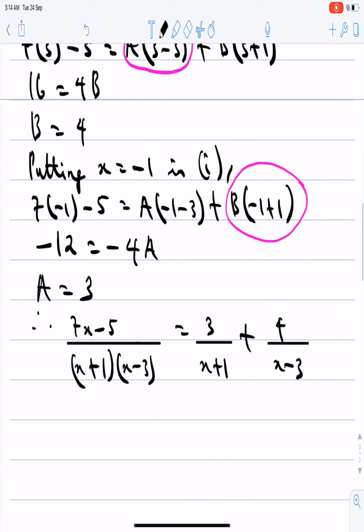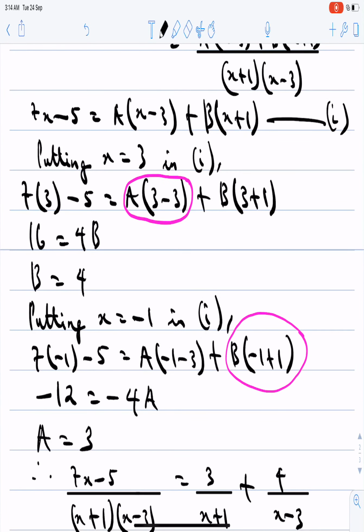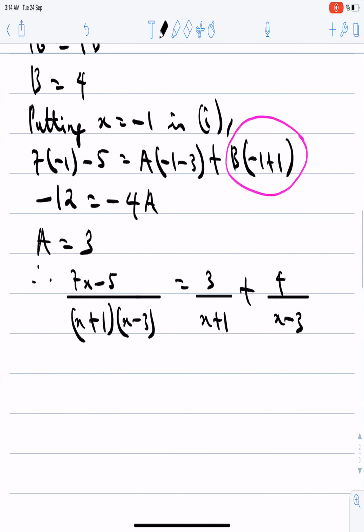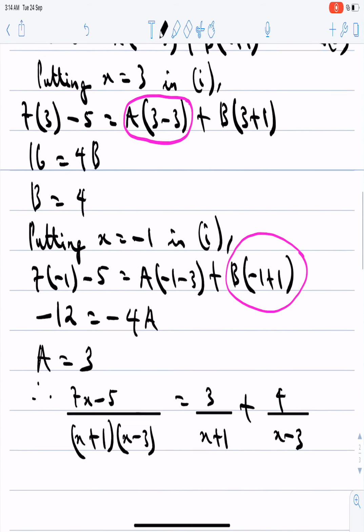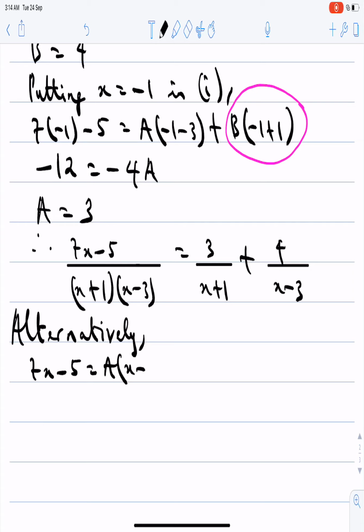But there's an alternative method, which has to do with forming equations and solving them simultaneously to obtain the values of the constants. Let's see how that's done. And that method is called the method of comparing coefficients. So let's see an alternative method. Alternatively, I'm just going to start from equation 1. 7x minus 5 equals a times x minus 3 plus b times x plus 1.